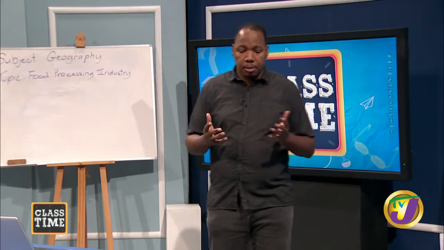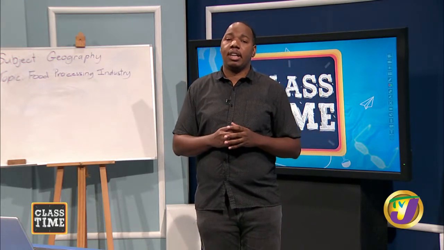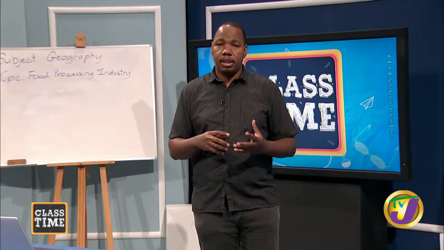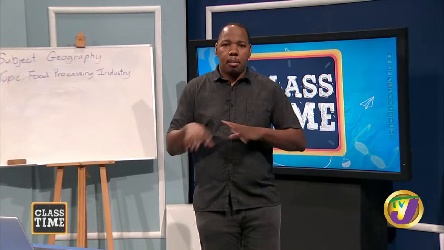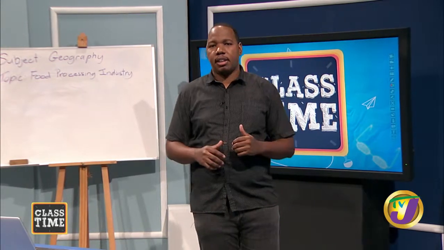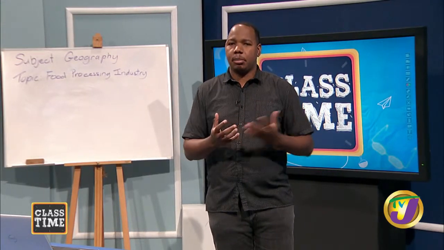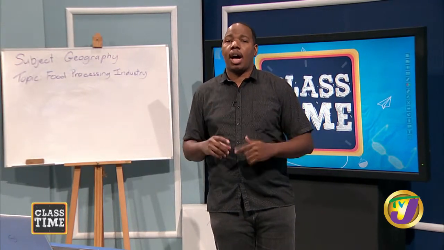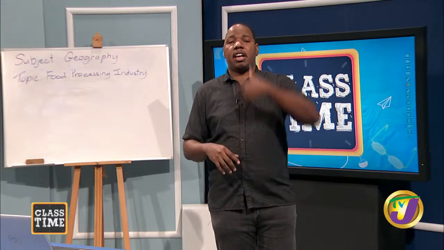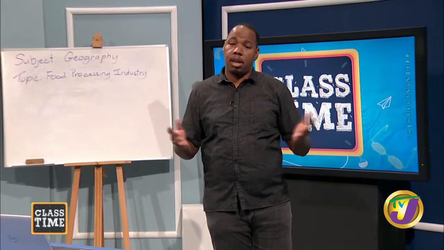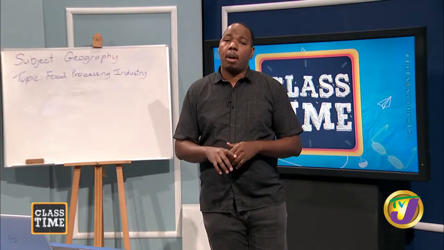And because they're import-export industries, this means that these industries need to be located close to the ports. Why? Because some of them import their raw materials, various components in the production process. And instead of moving that commodity a far distance to process, they process it in areas that are relatively accessible, and they also package it and then export that commodity to international markets. So we export commodities.